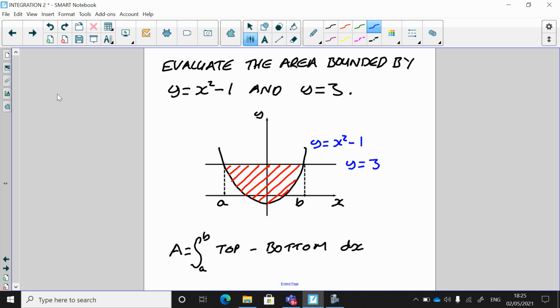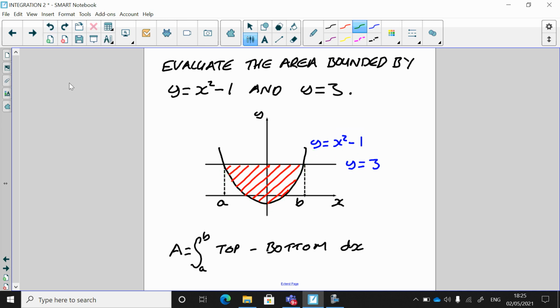And top and bottom, hopefully you can see top and bottom are the bounds. So that's actually the lower bound, so you need to bear that in mind. And y equals 3, that's that bound here. And we're looking for everything enclosed within there.